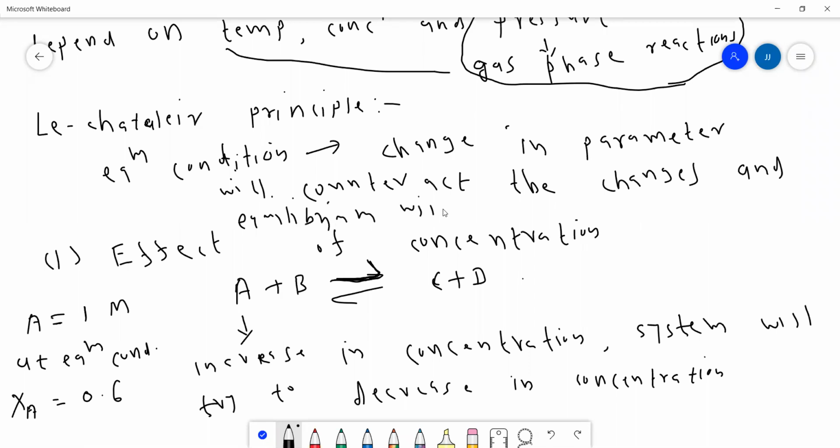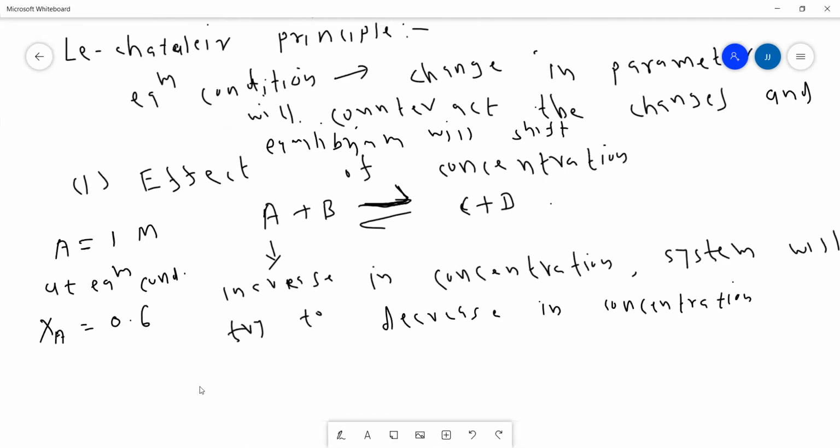So equilibrium will shift in the forward direction or backward direction, depending upon what we change, whether we increase the concentration or reduce the concentration. Similarly for C and D also, and for B also. So this is the effect of concentration.